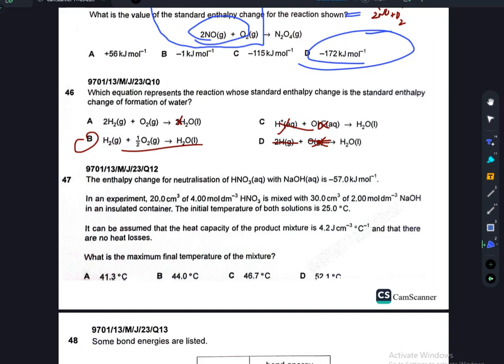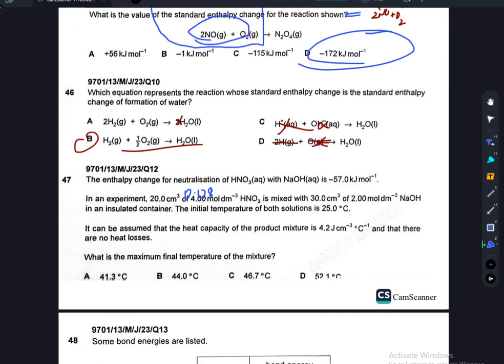In an experiment, 20 cm cube of 4 mole per decimeter cube HNO3, so this means we are using 0.08 moles of HNO3, is reacting with 30 centimeter cube of 2 mole per decimeter cube NaOH in an insulated container. The initial temperature is 25. Note the heat capacity given. No heat losses. What is the final temperature of the mixture?